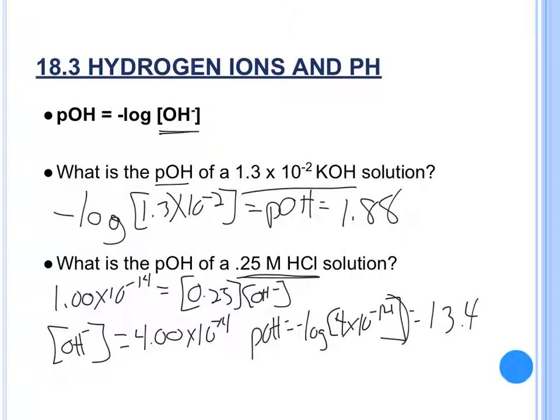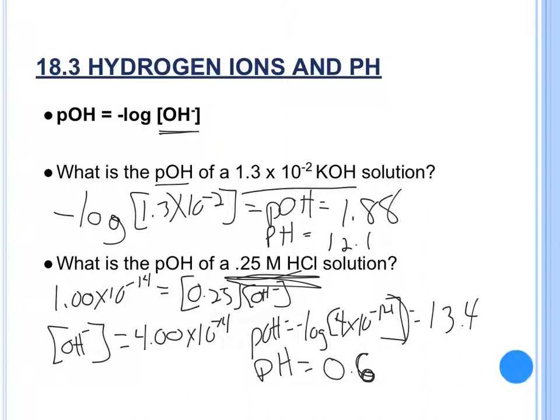Okay, so remember I asked you to remember a couple of numbers. The first number was that the pH of this solution, the 0.25 molar HCl, was equal to 0.6. That's from the last slide. Well, the pH of this solution, which we found on the last slide, was 12.1.